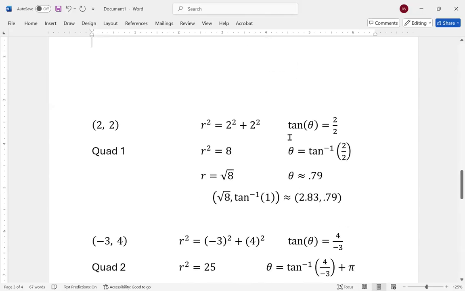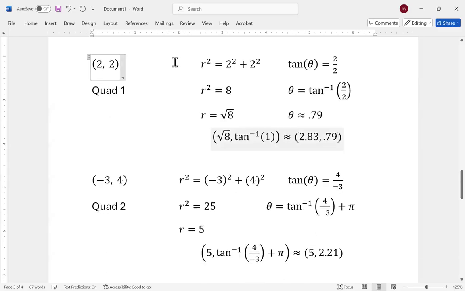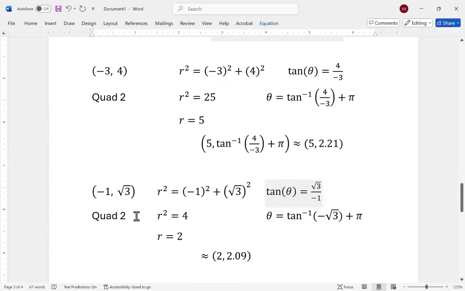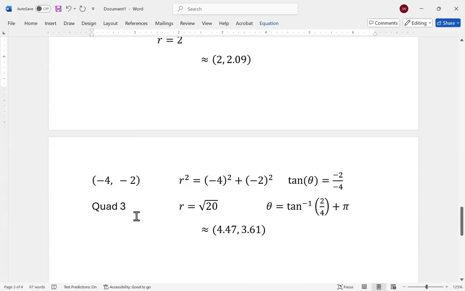That basically is exactly what I'm doing here. So if we're in quadrant 4 or quadrant 1, inverse tan gives me exactly what I want. If we're in quadrant 2 or quadrant 3, then I have to do inverse tan and then tack on a plus pi if I'm using a positive R.